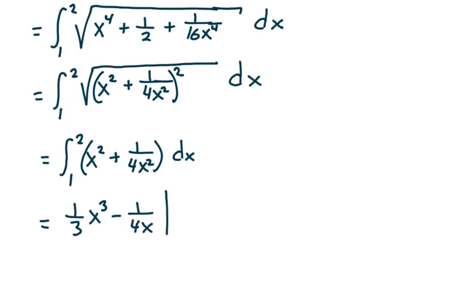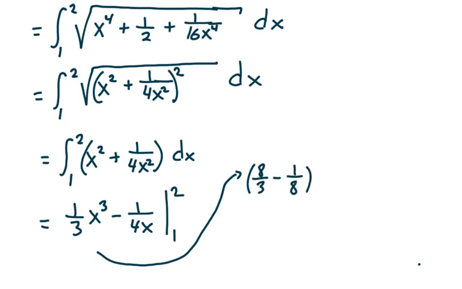And this is going to get evaluated from 1 up to 2. And we're going to come over here. If I replace x with 2, I get 8/3 minus 1/8. If I replace x with 1, I get 1/3 minus 1/4.